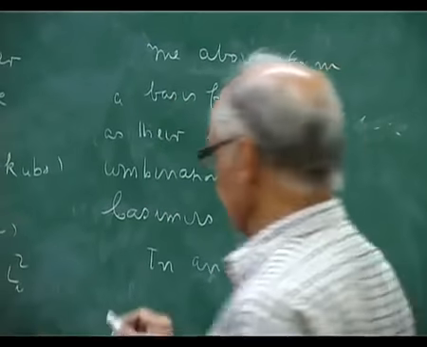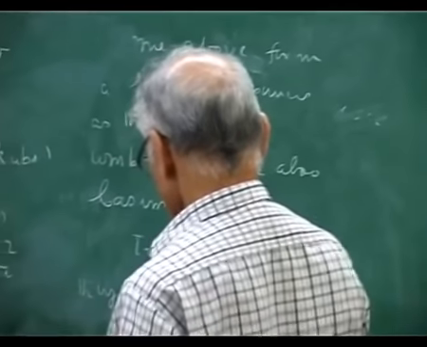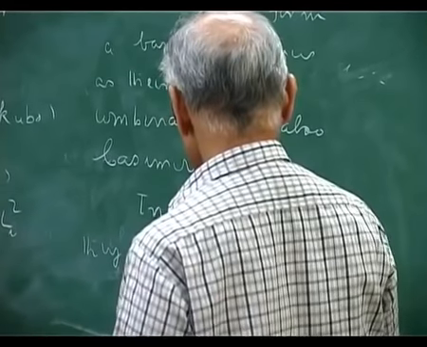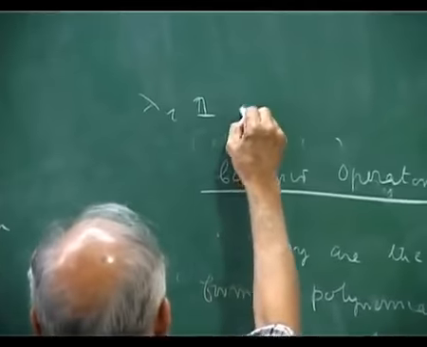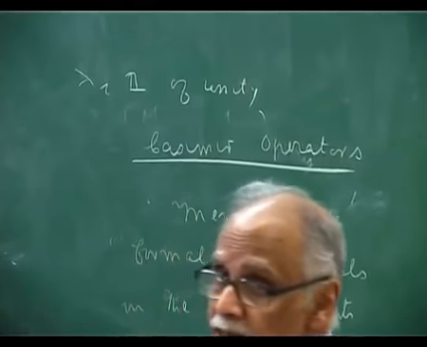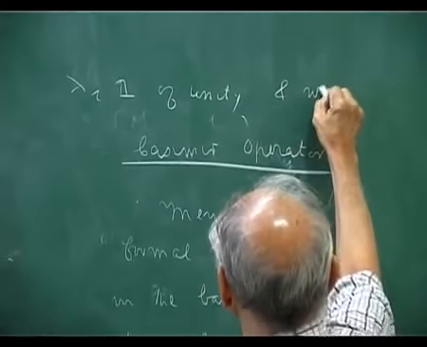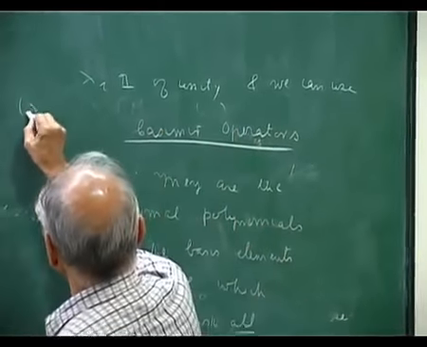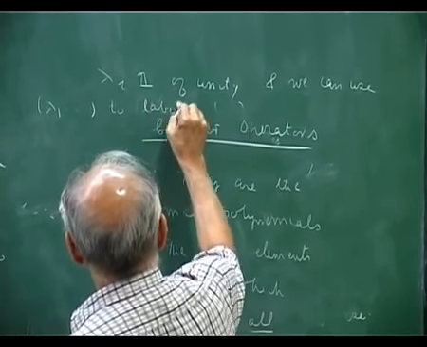But the point about, in an IRR, again by Schur, they become multiples, lambda I times 1 of unity, and we can use these lambdas to label the IRR.